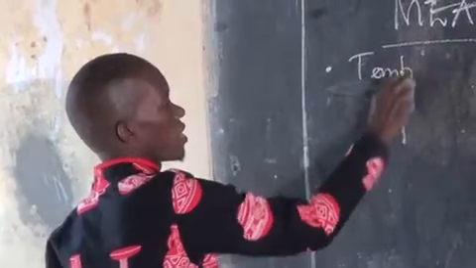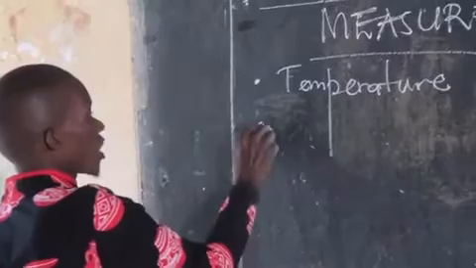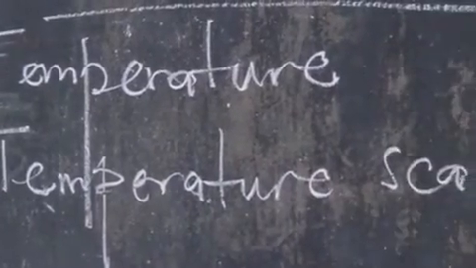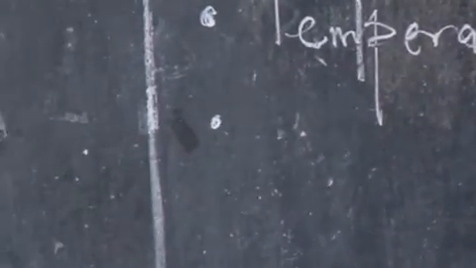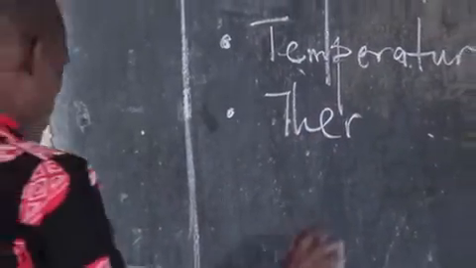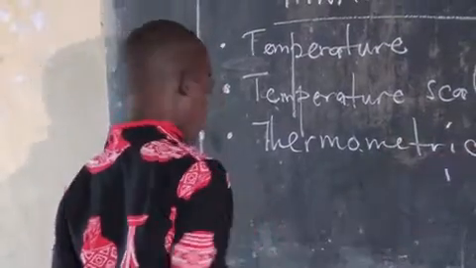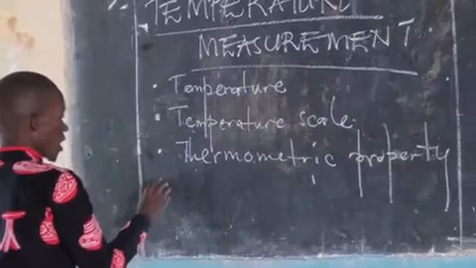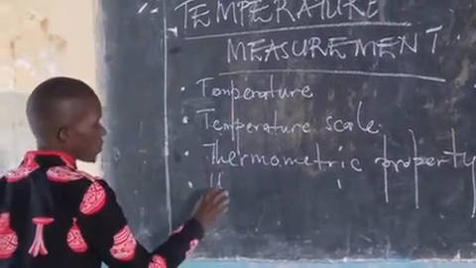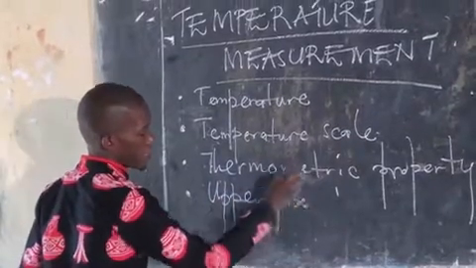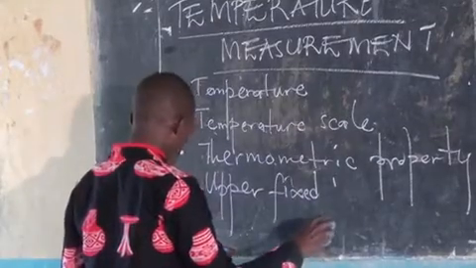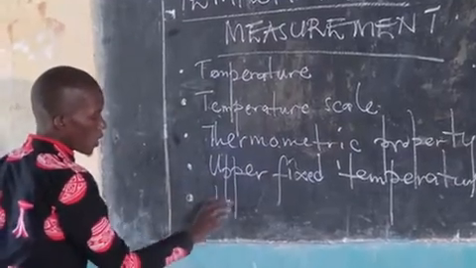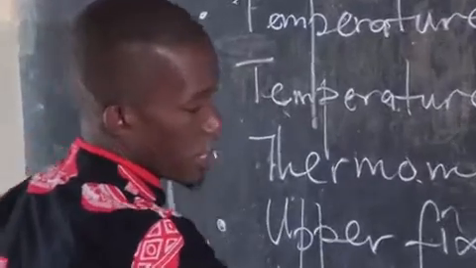We're going to talk about the temperature, the temperature scale, the thermometric property, the upper fixed temperature, and the lower fixed temperature.